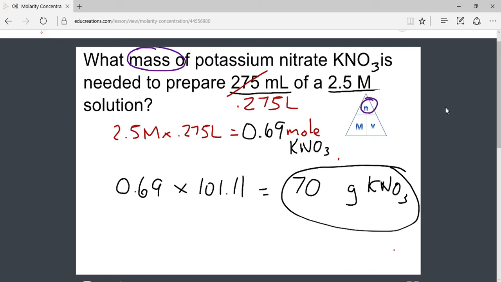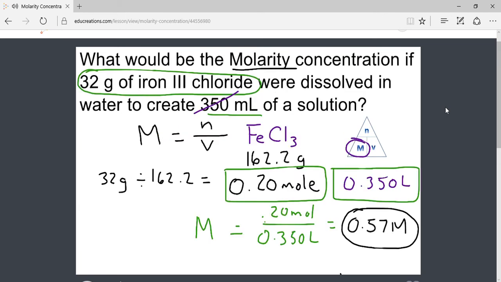Therefore, we were solving for the N. To solve for N, we multiply the concentration, or molarity, times the volume in liters. We then took the N, or number of moles, and multiplied by the molar mass to create the mass needed. And in the first example we looked at, we were solving for the molarity concentration, which requires us to know the number of moles and divide by the volume, or liters of solution prepared.